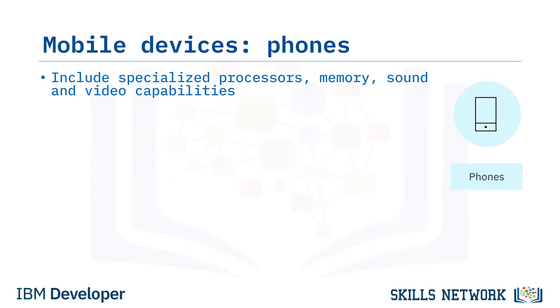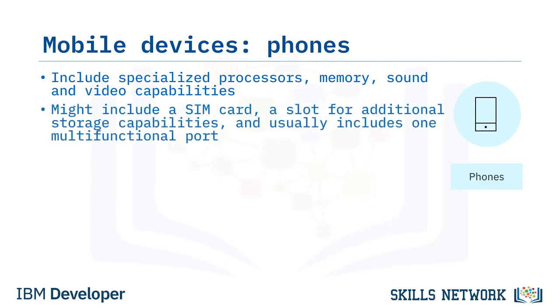Mobile phones include onboard components with specialized processors, memory, sound, and video capabilities. Phones can include a slot for a SIM card that links the phone to a cell phone access provider and a slotted port for additional storage. All phones include one multifunctional port primarily used to recharge the phone's battery.